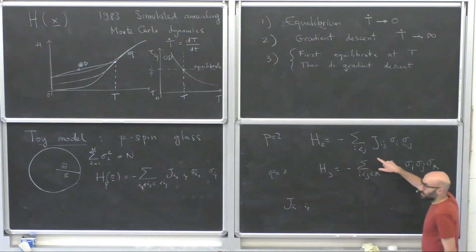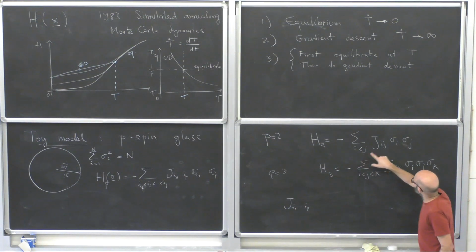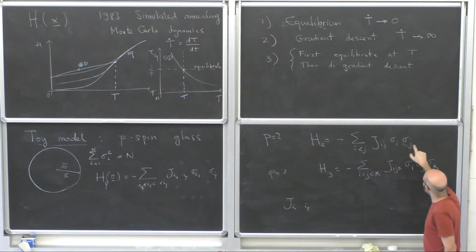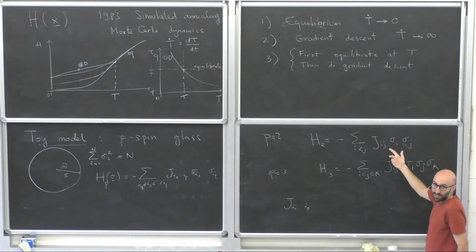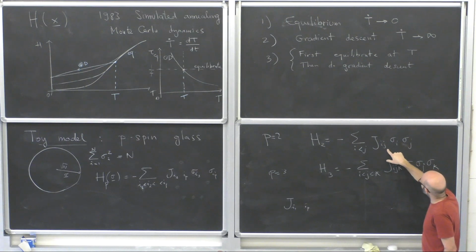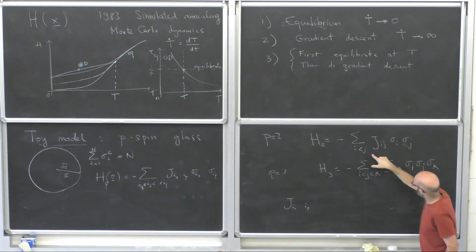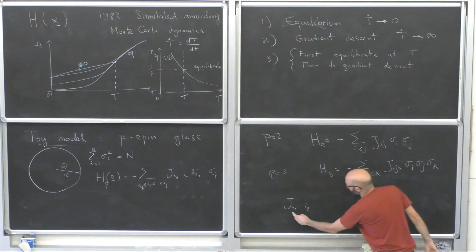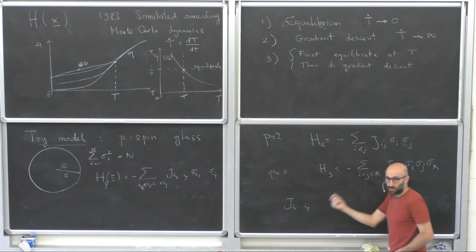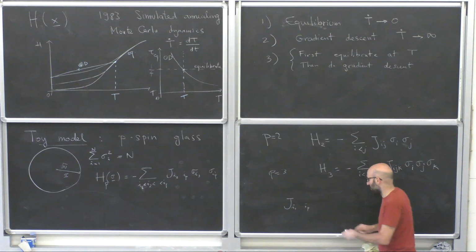So first of all, as usual, the coupling of I to J and J to I is symmetric. So that's why I only sum over I smaller than J. So J I1 IP is going to be the same for any permutation of the indices.